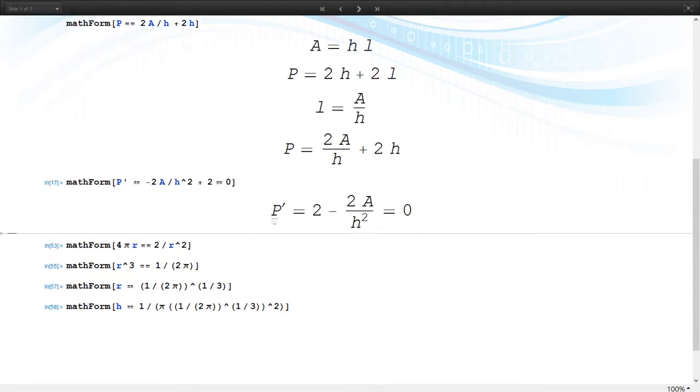So our derivative of p is equal to 2 minus 2a over h squared. We solve for h squared. We'll subtract this negative 2a over h squared to the other side. That'll give us 2 is equal to 2a over h squared, and the 2's will cancel.